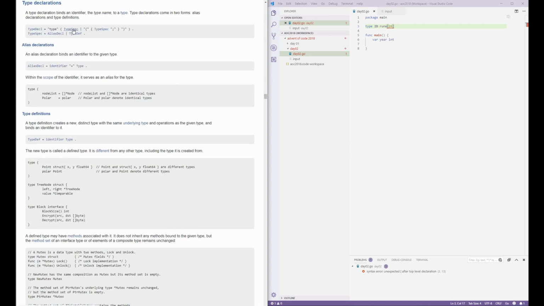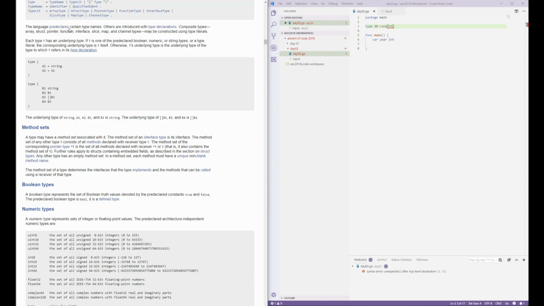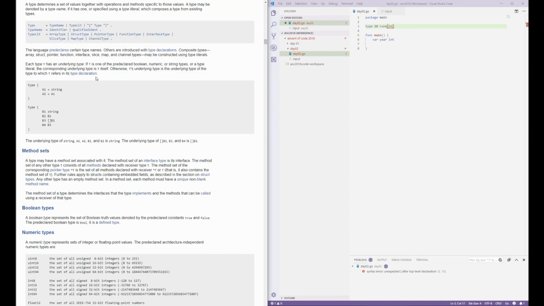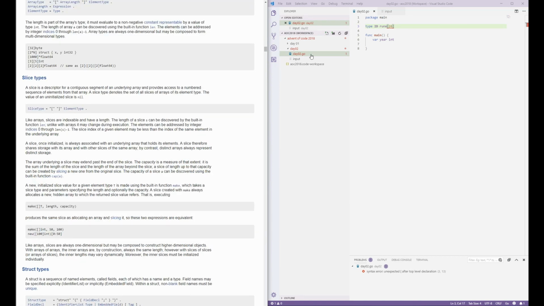Type spec. Identifier type. What is a type? Type name, type lit, array type. An array type. Okay, so I need to change the order.